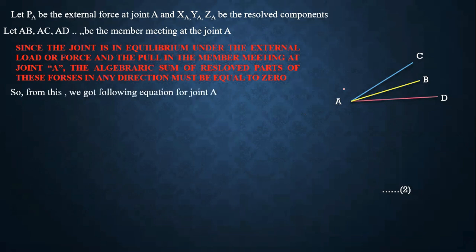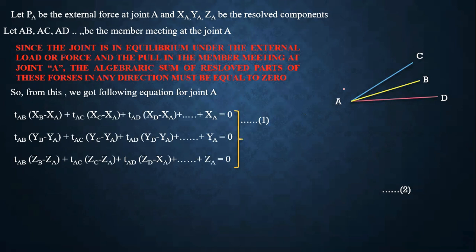From this we get the following equation for joint A. First, tAB (XB minus XA) plus tAC (XC minus XA) plus tAD (XD minus XA) plus XA equals zero. Same for the Y direction and the Z direction, where X, Y, and Z are the external forces. This is the equation we use to analyze the space frame.